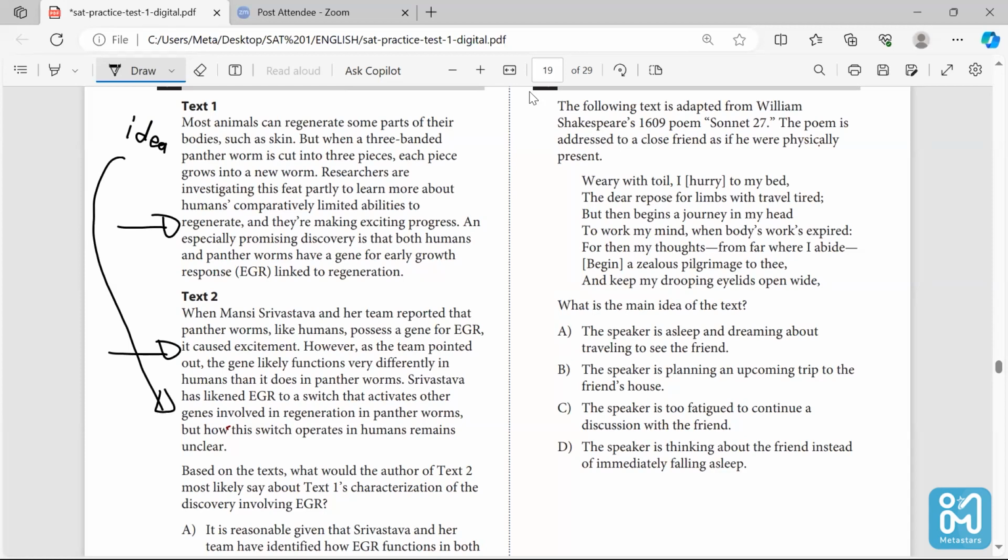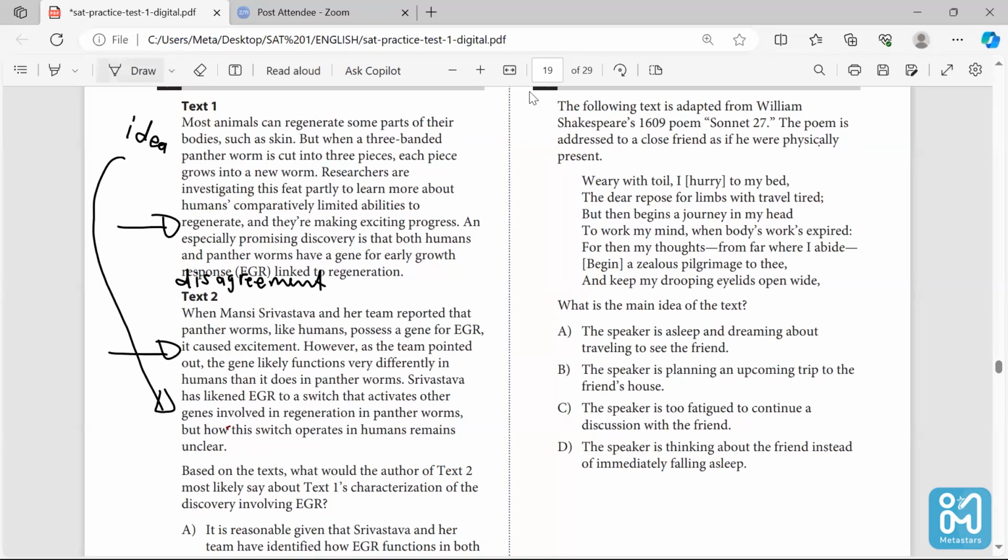Most likely they are disagreeing with each other. They are in disagreement, so number 1 opposes number 2.